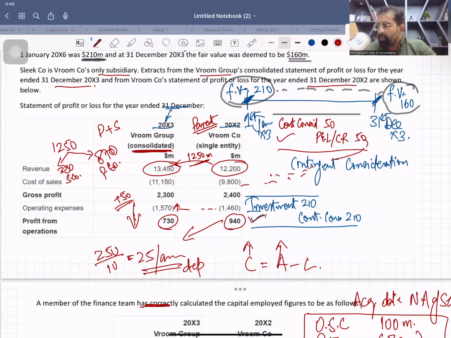So S company's performance is not good, parent company's performance is good. And similarly, this overall profit came down. The major reason is that S company's performance is not good, because S company's profit from operations is a loss. You can see in the individual books they have written in note number 2. So keep this in mind.